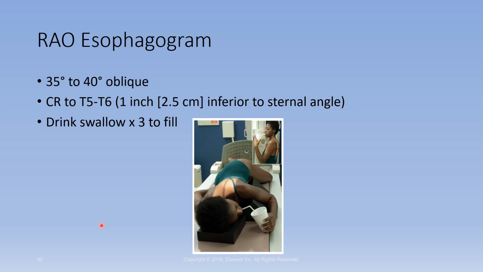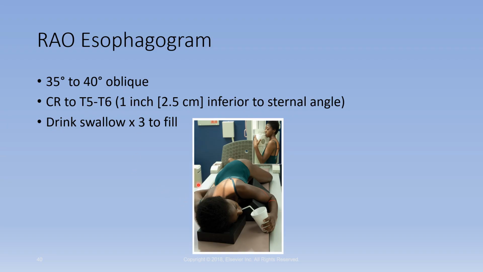So the patient lies on the table on their stomach, and then they would roll up into an RAO position, meaning their right anterior portion is closer to the IR, because this is an RAO position. They're in a 35 to 40 degree oblique.